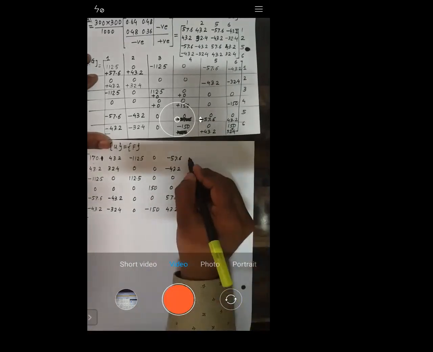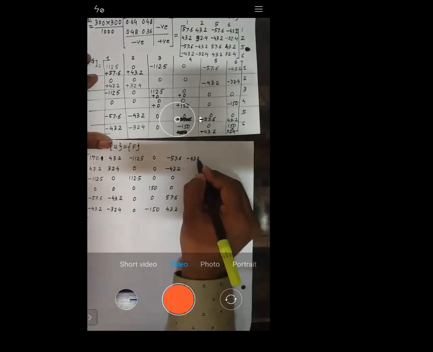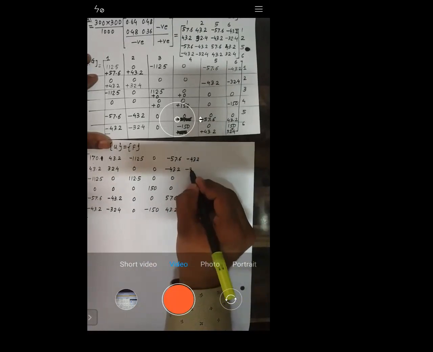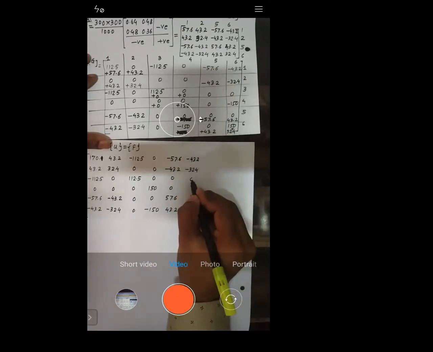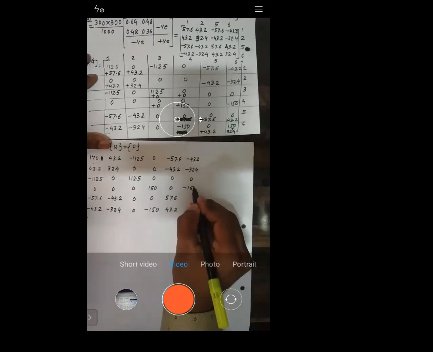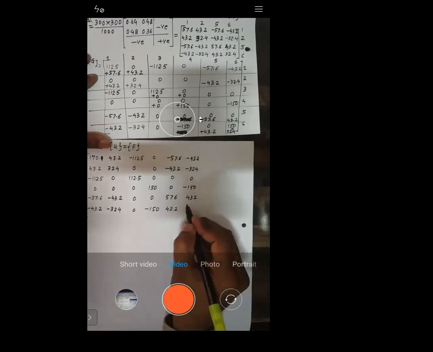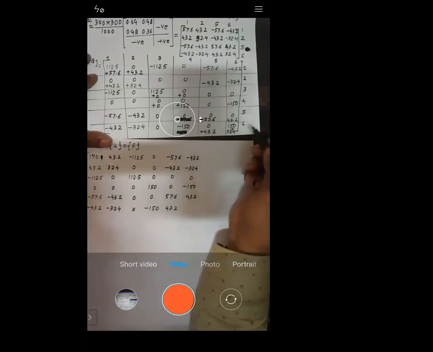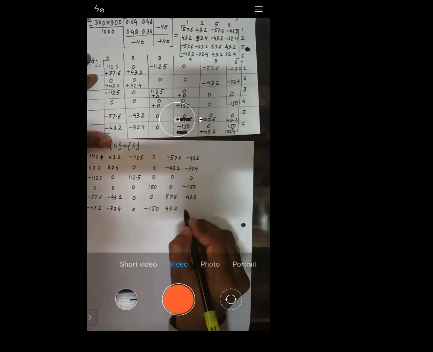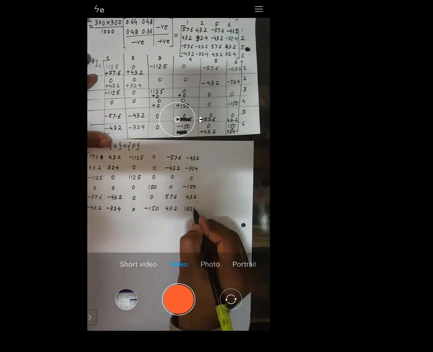Next. Minus 43.2. Minus 32.4. 0. Minus 150. 43.2. And tell me this one. 150 plus 32.4. 182.4. Is it okay?